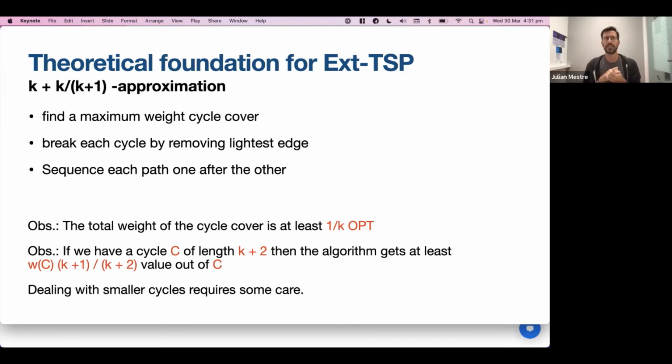So in those cases, you need to be a little bit more careful, and that's where the complications in the analysis come in. But it's also not possible to get all 3 edges if you have a triangle, right? So if you wanted to get all 3, you would have to pay some discount for this one. So then in the analysis, you show that everything works out. So the bad case is really this case where you're losing that cost there.